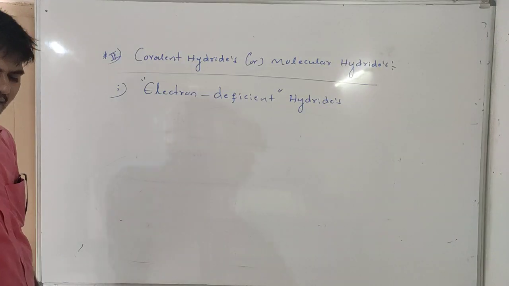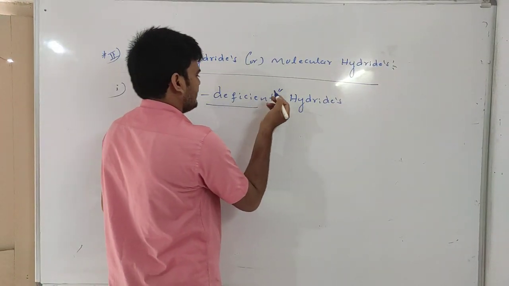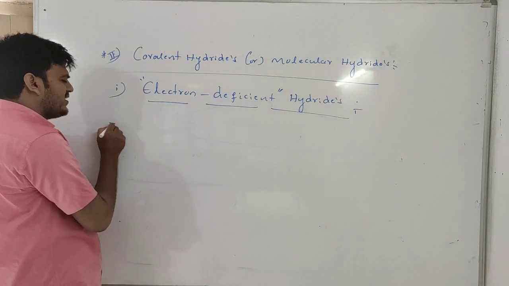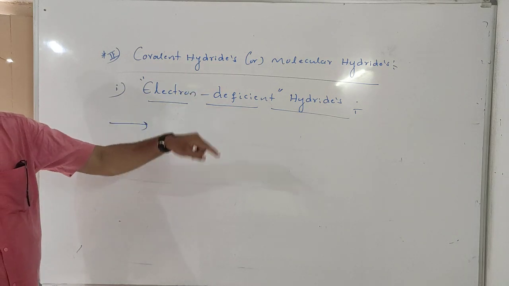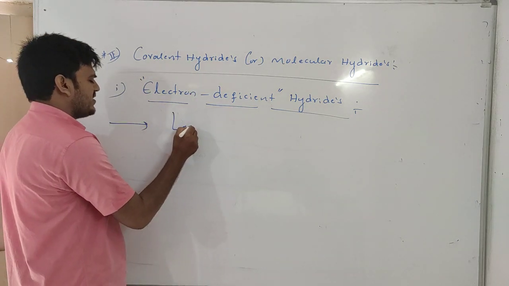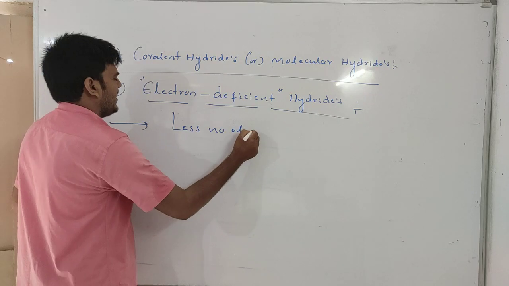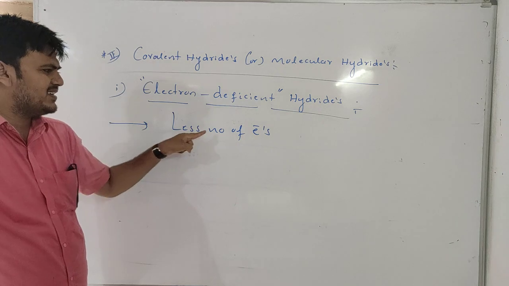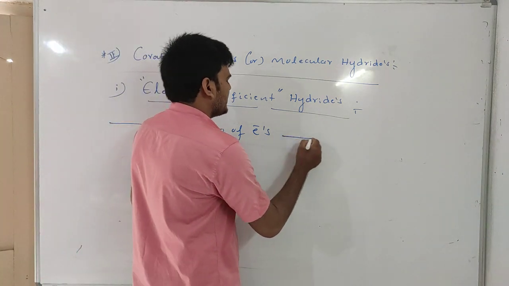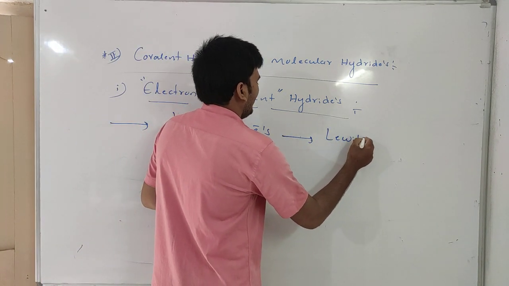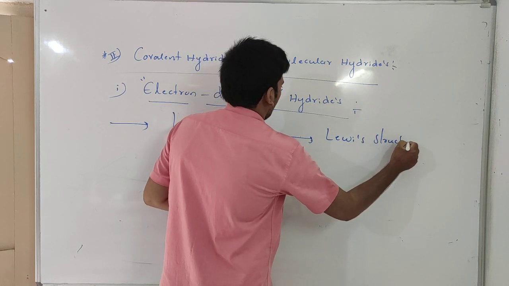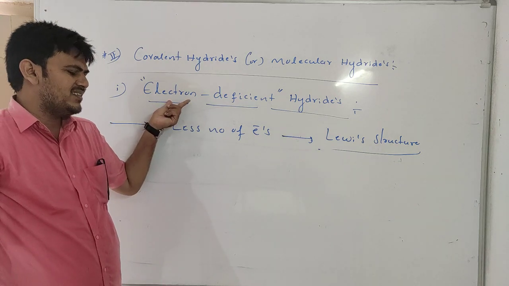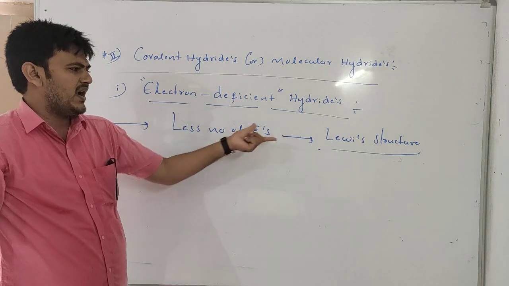Very simple: electron deficient hydrides have a less number of electrons to write the Lewis structure.